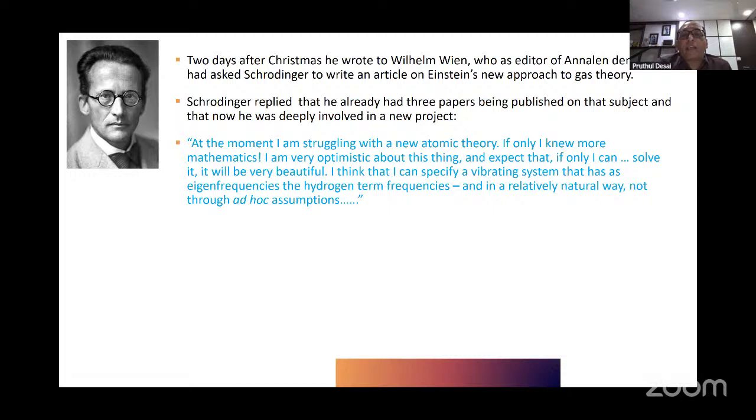"I think that I can specify a vibrating system that has as eigenfrequencies the hydrogen term frequencies, and in a relatively natural way, not through ad hoc assumptions." So he said that if I can correlate the vibrating systems, which are classically well known, with the eigenfrequencies of the hydrogen atom, then he would be able to get the quantization rules without making any ad hoc assumptions.